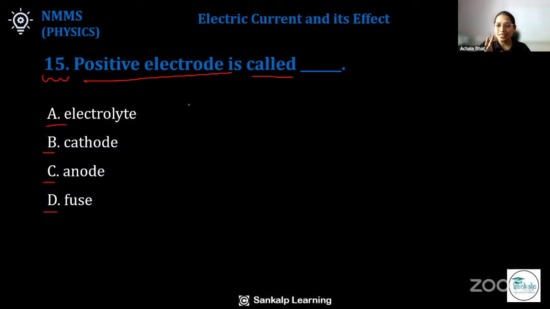Positive attracts negative particles. See, ions which are having positive charges are called cation. Remember this point. Ions having negative charge on them are called anion.